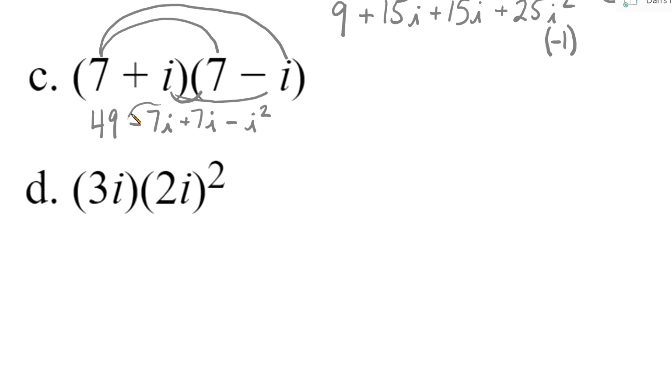The -7i and the +7i are going to cancel. Where do you get the squared? i times i is i squared. So now we get 49 minus, but i squared is -1. So 49 minus -1 is 50. It's 49 plus 1.